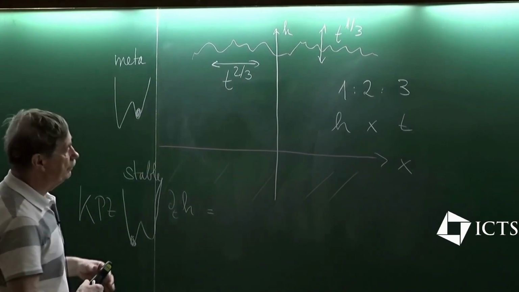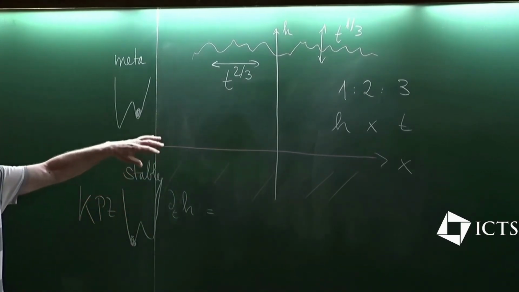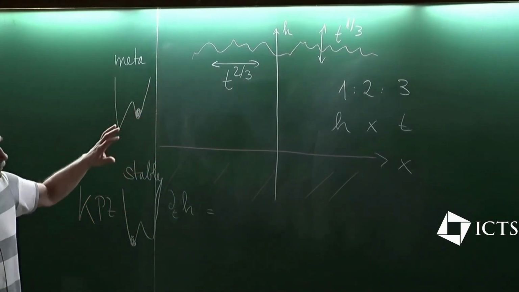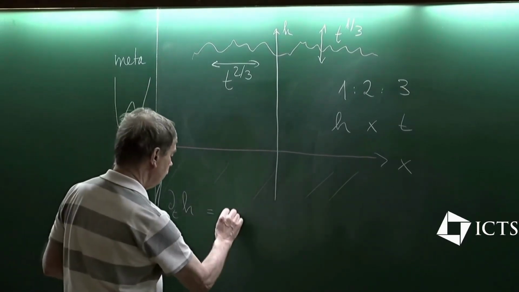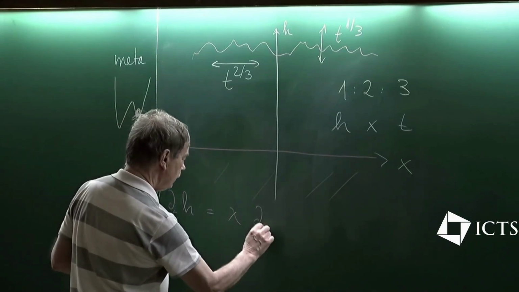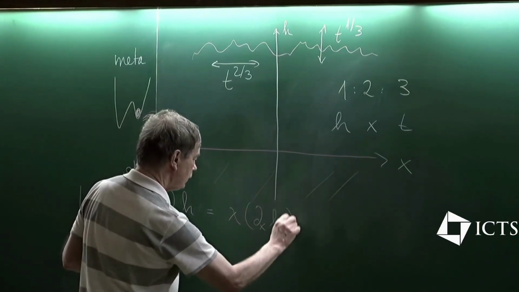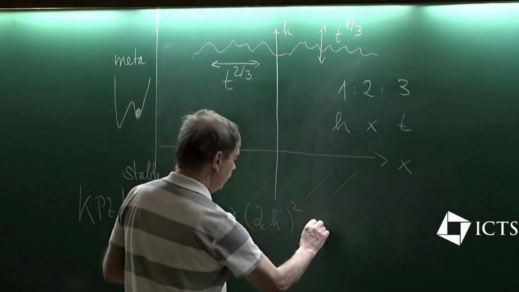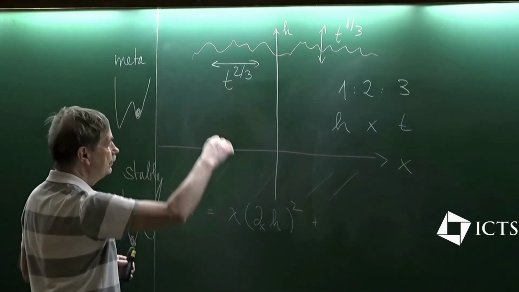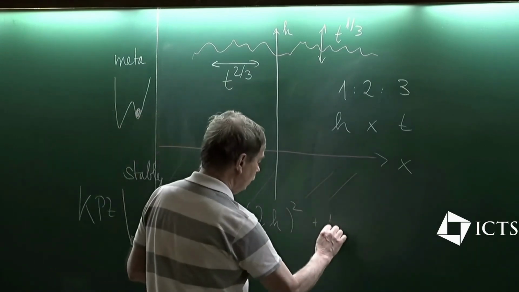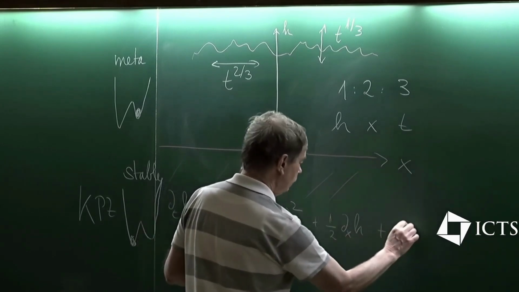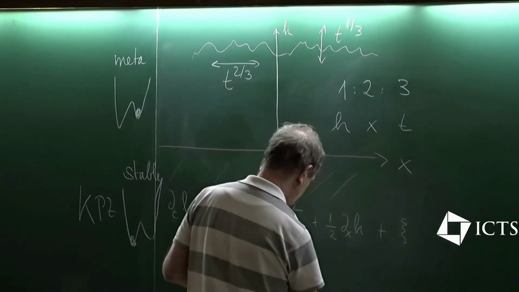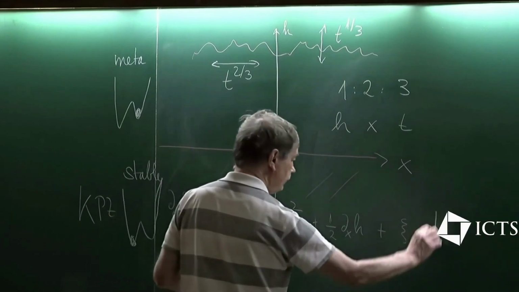So there will be a nonlinearity which comes from the motion by mean curvature, which I don't go into, but I may just write it down. There's a parameter lambda, and then I have (d_x h) squared. That's a nonlinearity. And then there's the stiffness of this interface, which is here normalized to 1/2. And then there will be noise. So this is the KPZ equation.